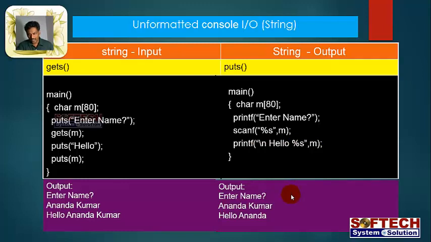If we give a blank space between two inputs, this is the first input and this is the second input. In scanf, to separate two inputs we use a blank space, then we press the enter key. If we want to give two numbers, we just type 25, then a blank space, then 40. These are two inputs for the scanf function.